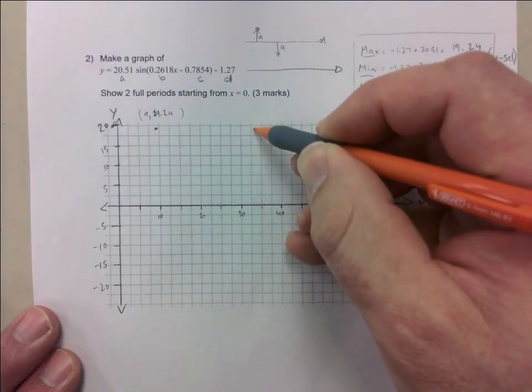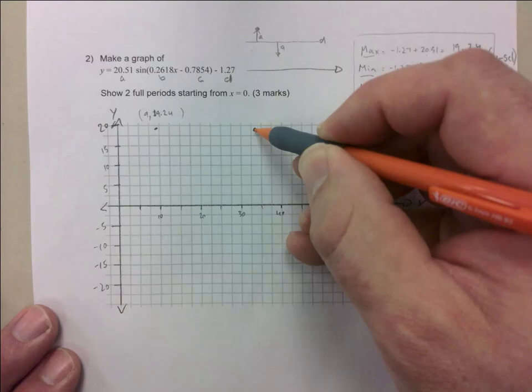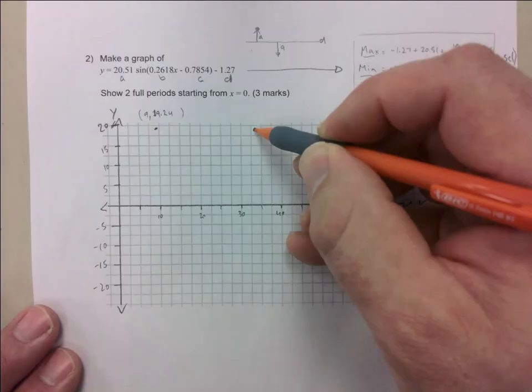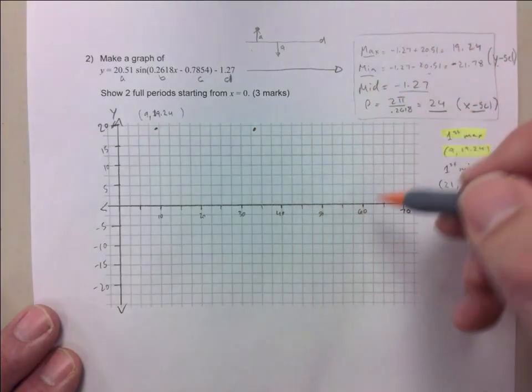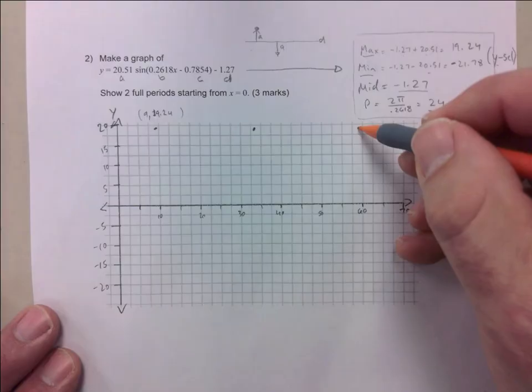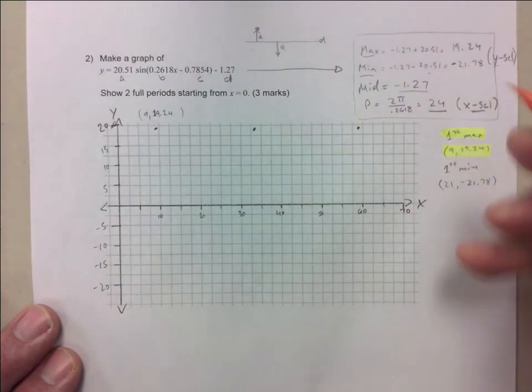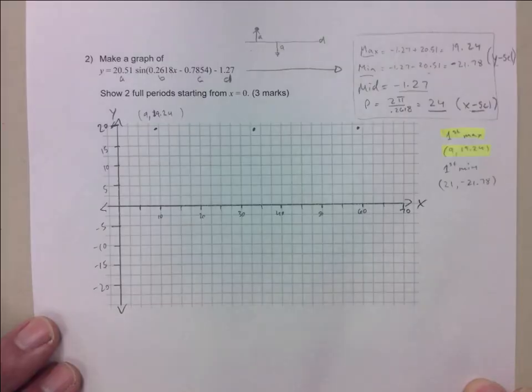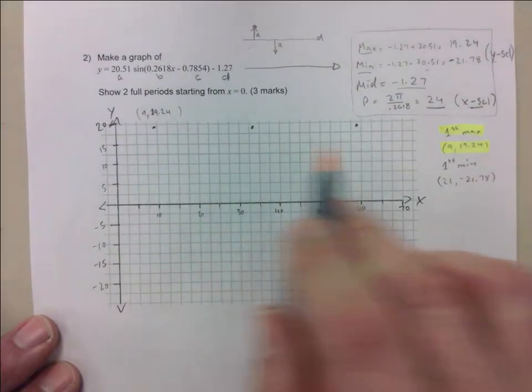So the next point is right there. If you go 33 plus 24, help me out, 57? 57? Yeah, thank you. Can always count on him to bail me out of my problems. Okay, so there are my 3 peaks.